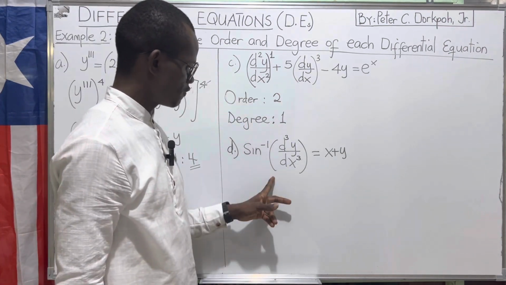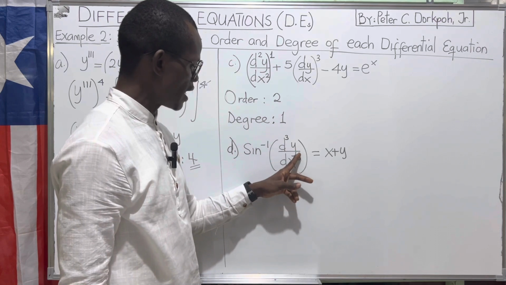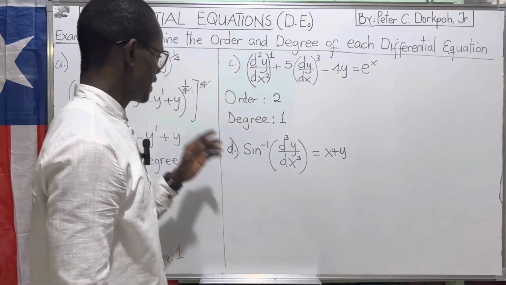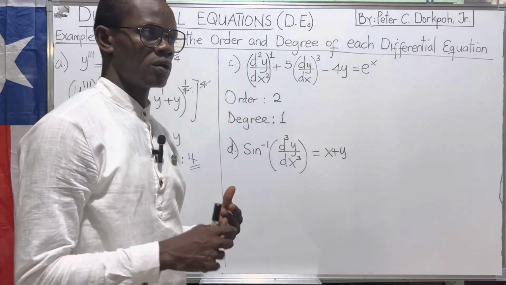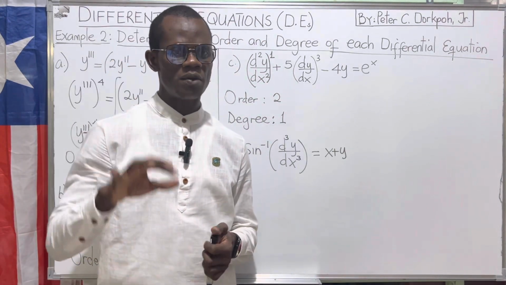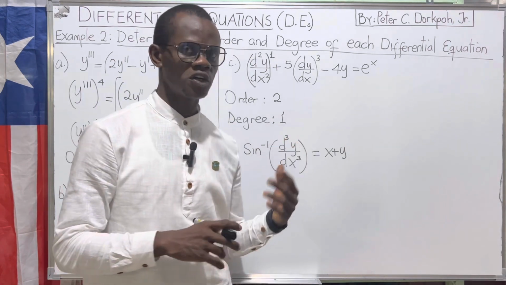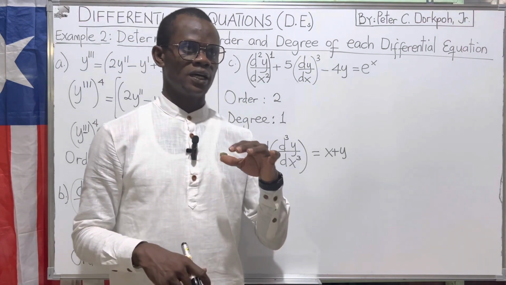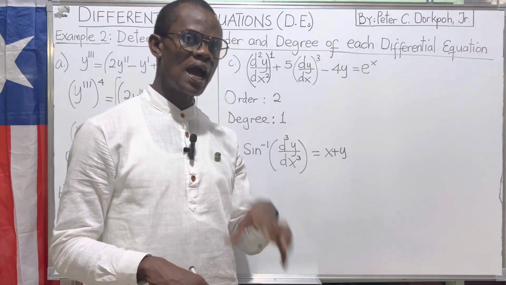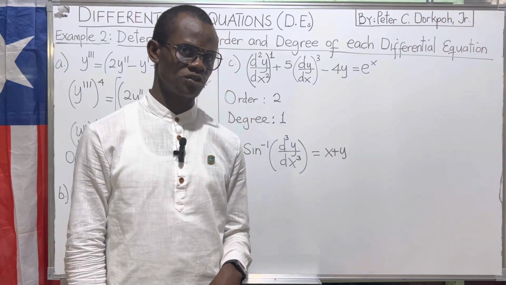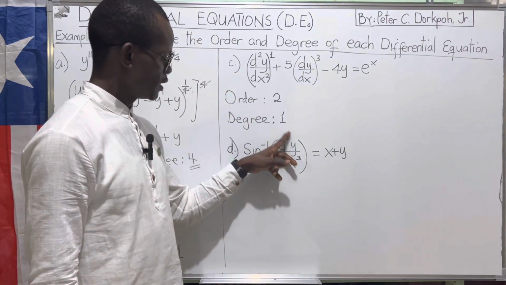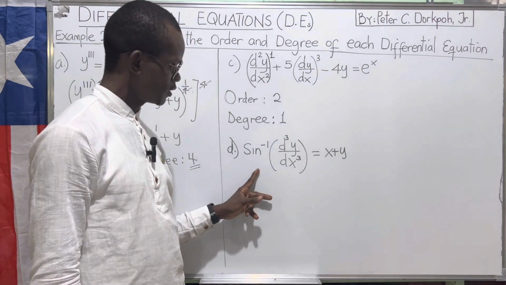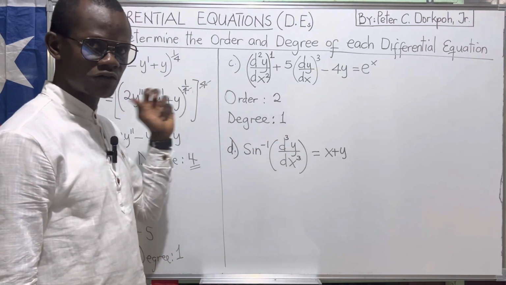Now look at the last one. Sine inverse of 3y by the x cubed equals x plus y. With the exception of getting rid of fractional powers to have problems in simplified form, we can also get rid of derivatives within angles of trigonometric functions. This derivative is within the angle of this trigonometric function, so we must get rid of it first.